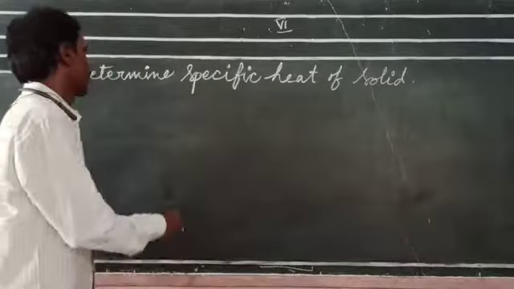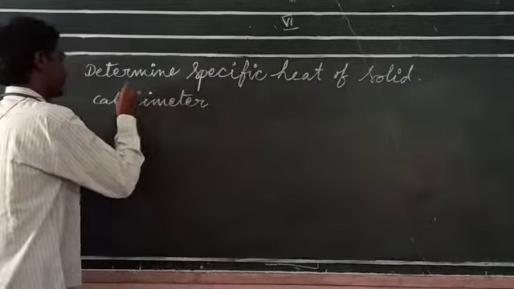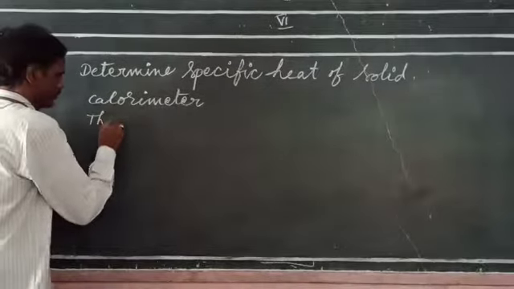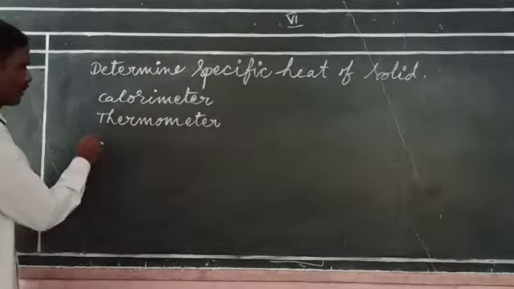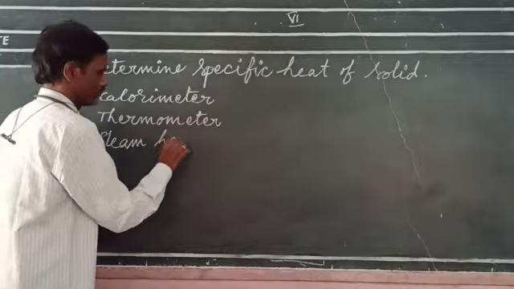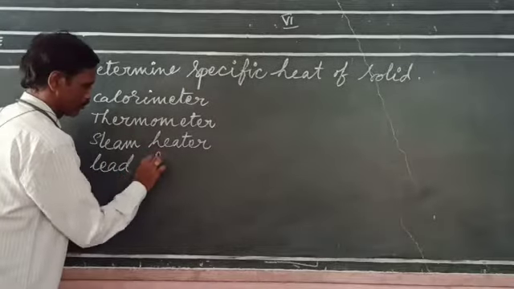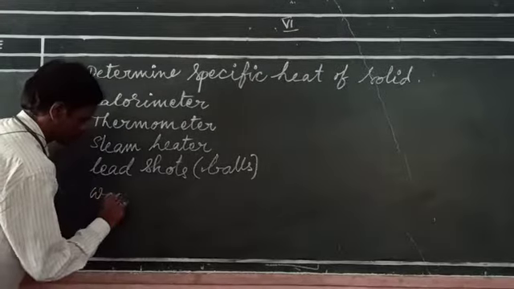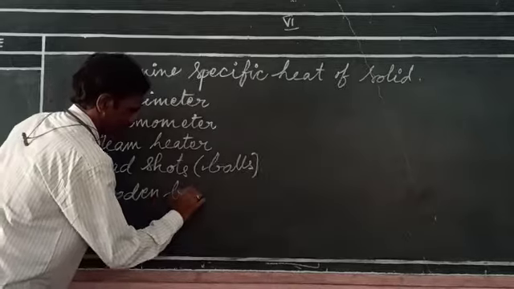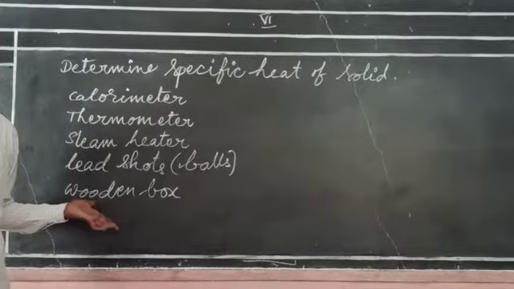They are: calorimeter, thermometer, steam heater, lead shots, that is lead balls, and a wooden box, which is used to place the calorimeter to minimize the loss of heat.